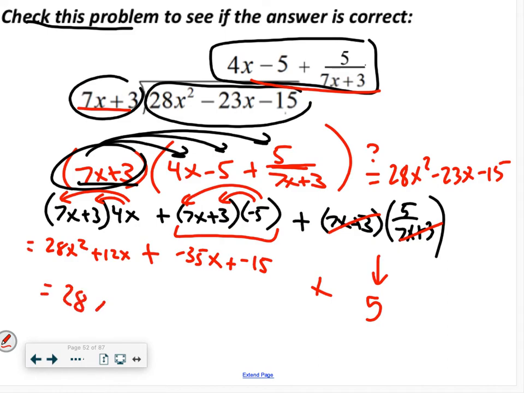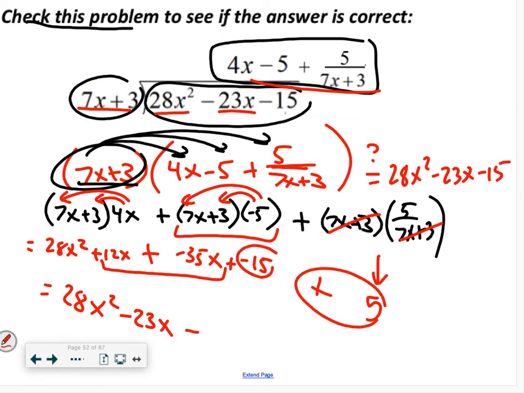I have 28x squared, looking good. 12x and negative 35x is negative 23x, looking good. Negative 15 plus 5 is negative 10. Doesn't look good. So is this correct? No. I should get exactly this.